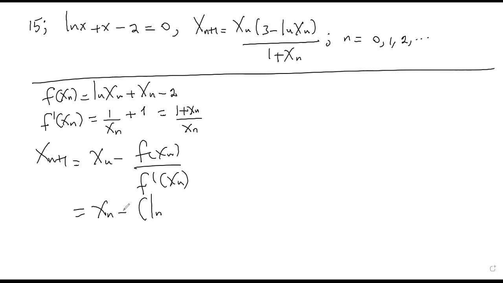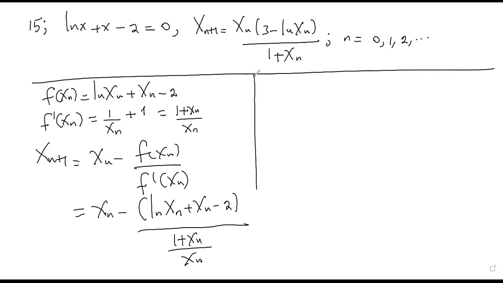The moment you say minus and you don't put brackets, we also don't put a bonus 1. So x_n minus f of x_n, the derivative, which is 1 plus x_n over x_n.